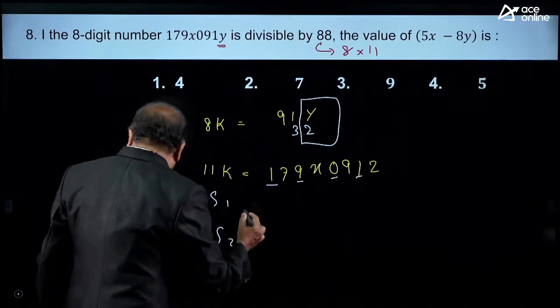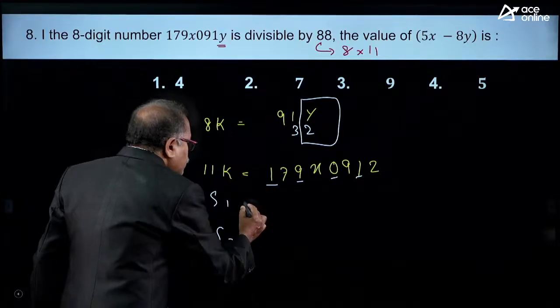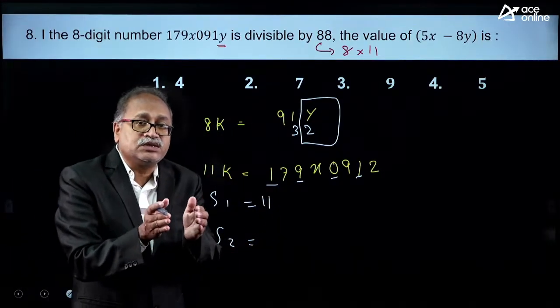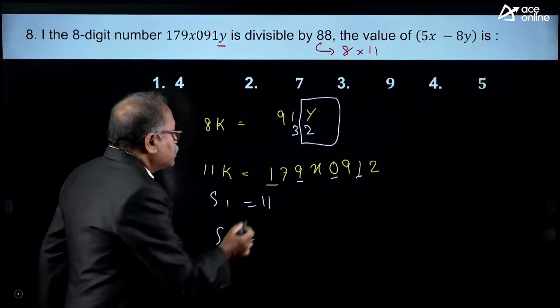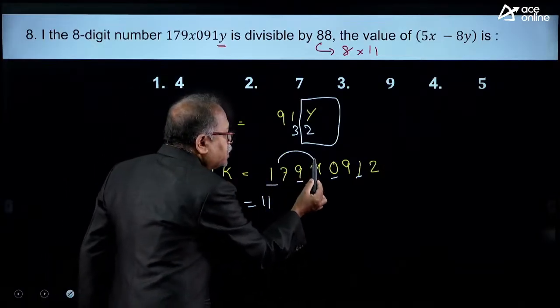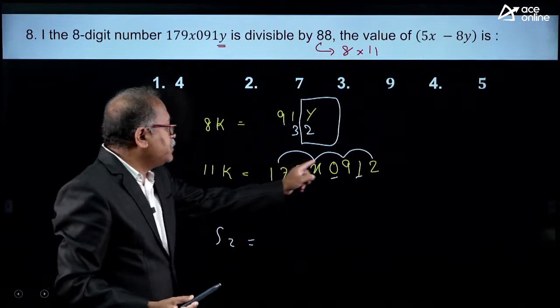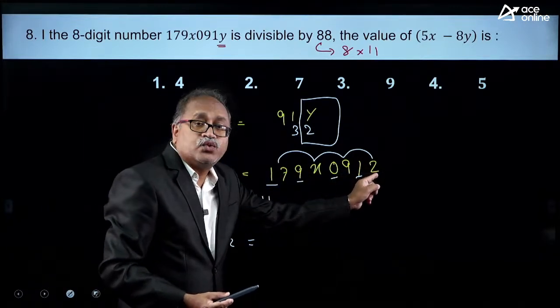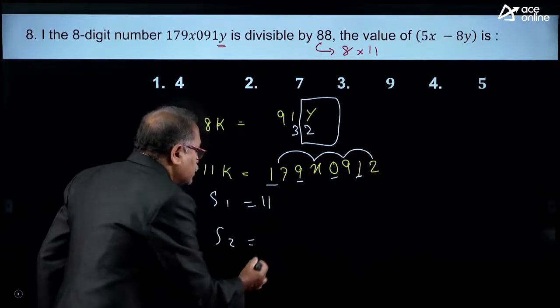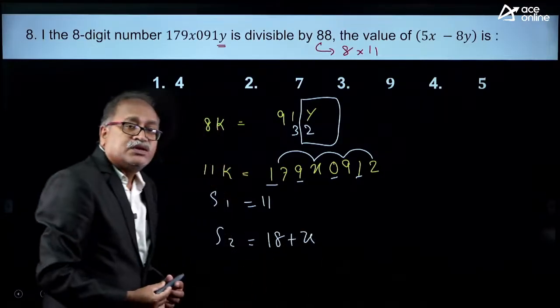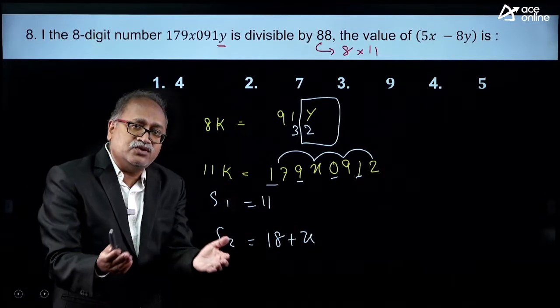So S1 is equal to 11. What is S2? The sum of the digits on the other places: 7 plus x plus 9 plus 2. That is 7 plus 9, 16, plus 2, 18, 18 plus x.